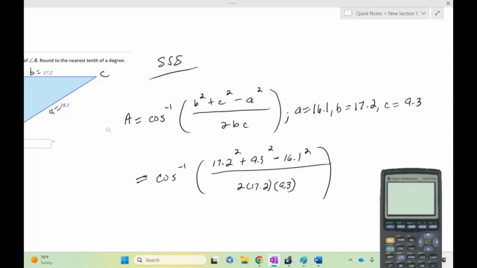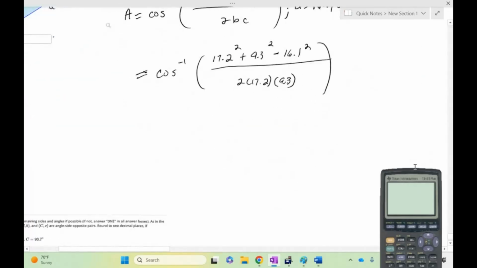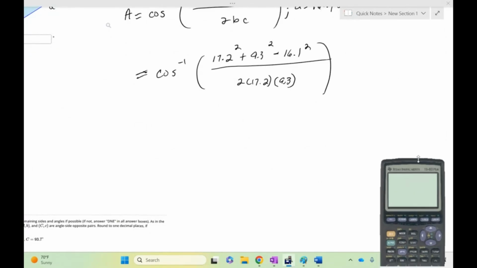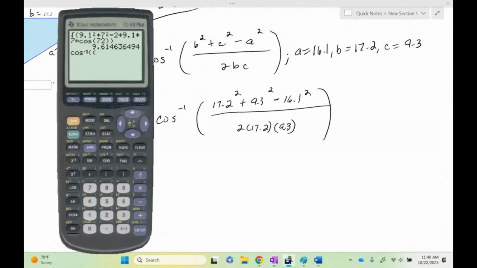So we're going to carefully enter this into the calculator. All right, so I'm going to put in the arc cosine. Notice that gives you a begin parenthesis. I'm going to insert another begin parenthesis, and this is going to be the parenthesis for the start of my numerator.